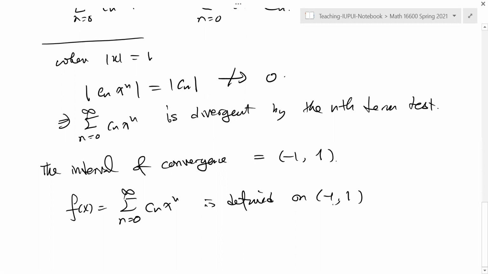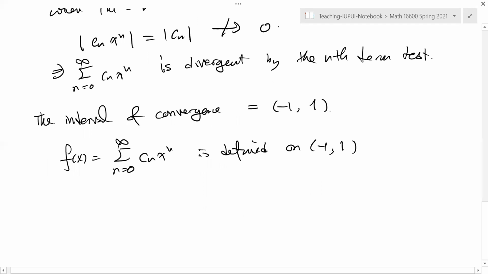Now, how does this function look? Can this function be expressed as an elementary function? I don't know. I don't think so. But you can estimate this function, and this is a nice function.